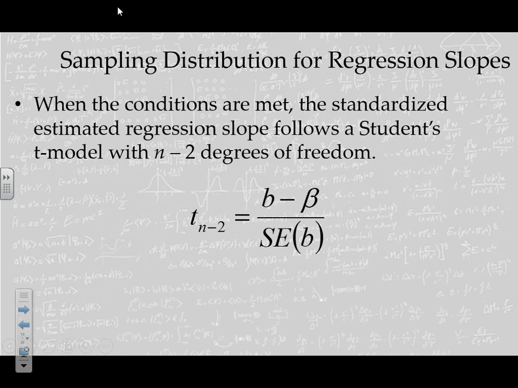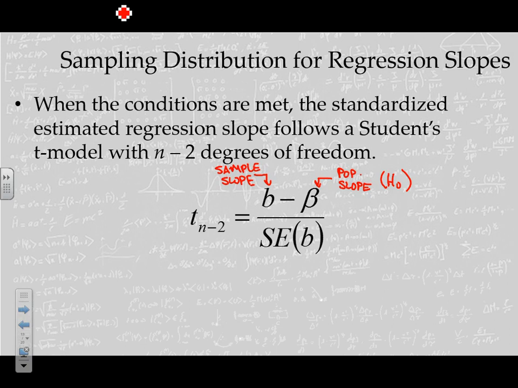Now as far as the calculation is concerned for t, it is exactly the same as before. You take your sample value, so this would be our sample slope, minus our population slope, which is always our null hypothesis value.